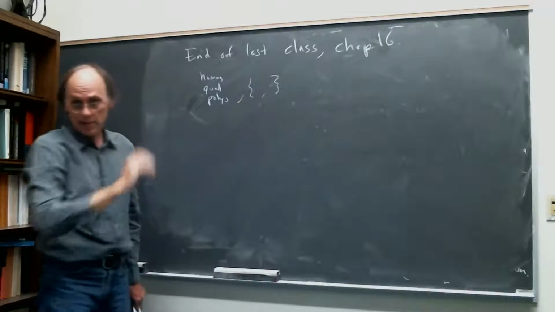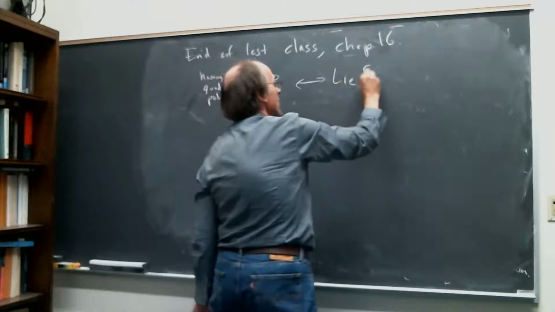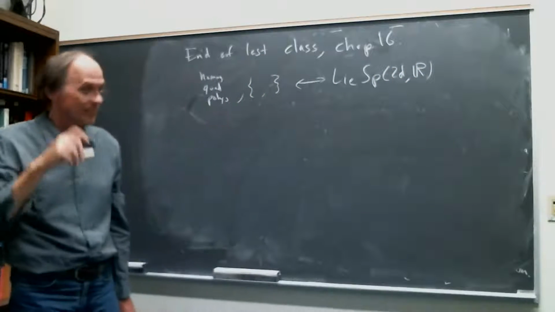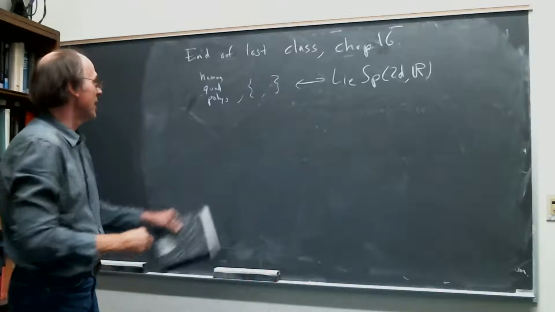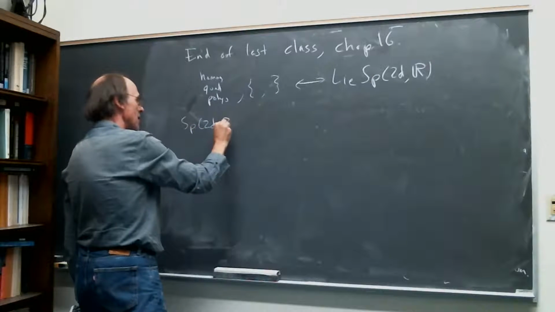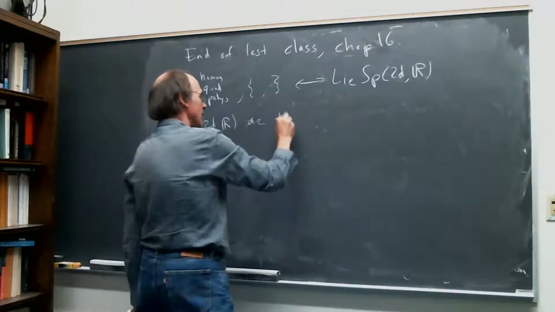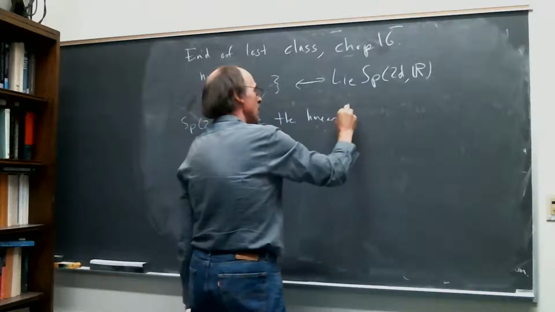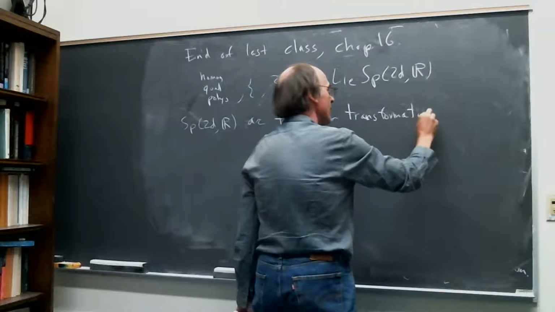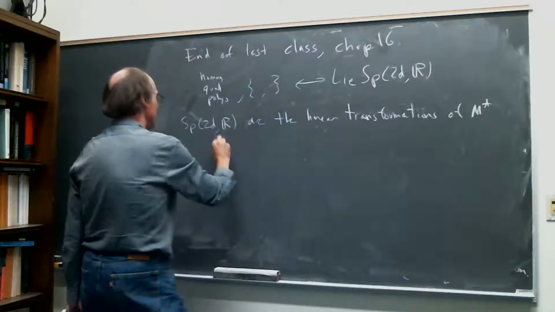They're a sub-Lie algebra of the algebra of all functions, and they're the Lie algebra of something called the symplectic group. And what happens is that Sp(2d, R) is the linear transformations of M, we'll say here, preserving omega.